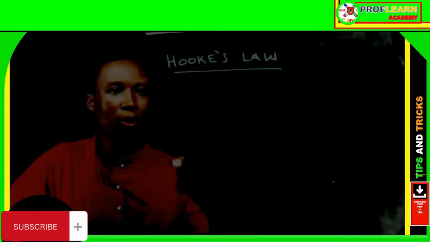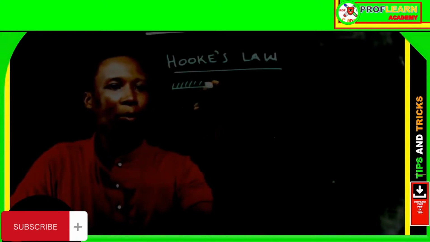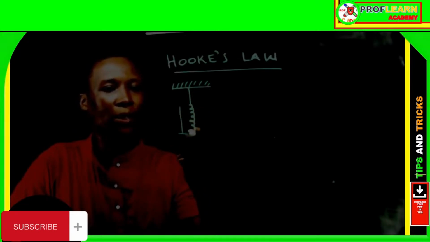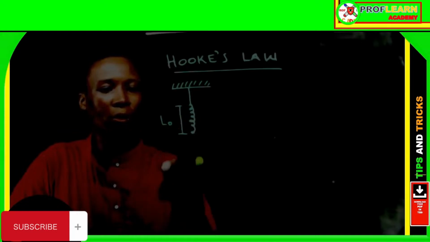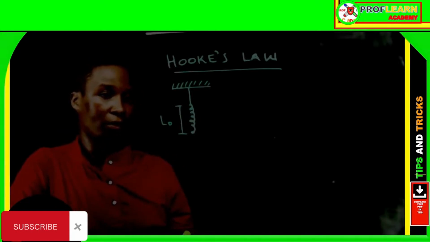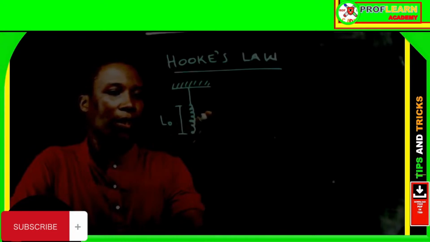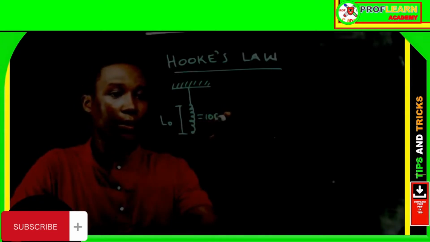So if we have a support in this region, and then we have a spring, this spring has an original length L0. Let us say the original length of this spring is 10 centimeters.